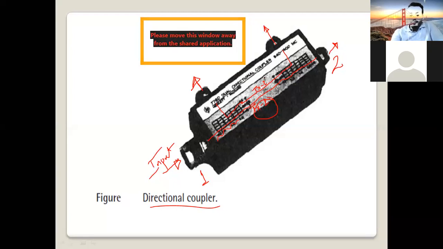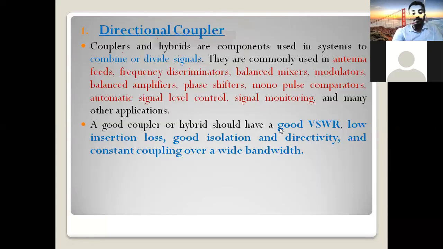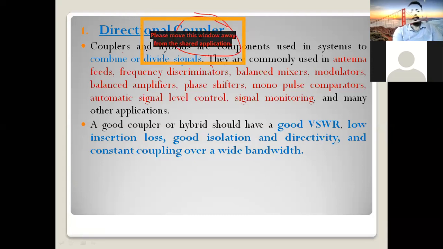That's why this device is called a coupler. As you can see in the name of this device, it has 2 parts. The first part is coupler, and the second part is directional.